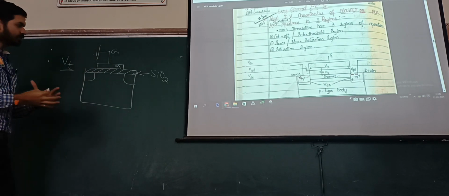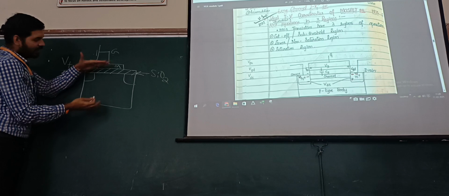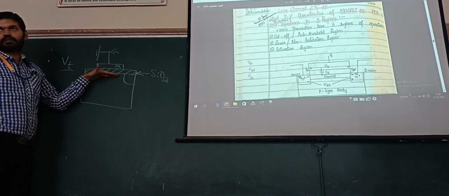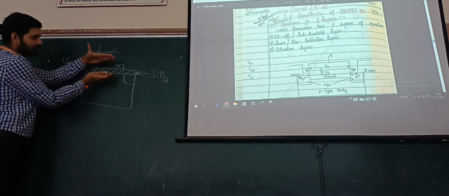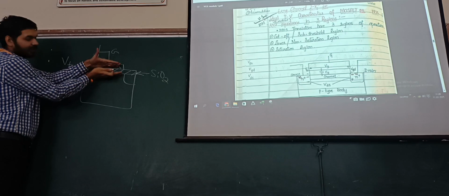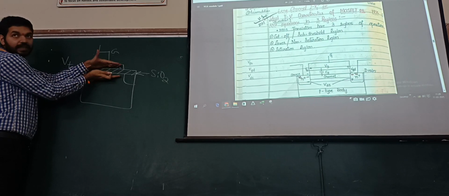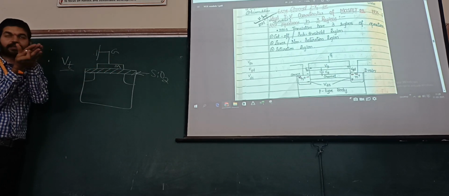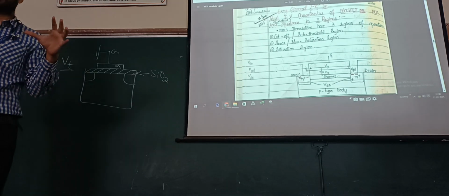Correct? Now, this metal and this semiconductor, if the gap between these two is very, very small, a strong field will be developed.